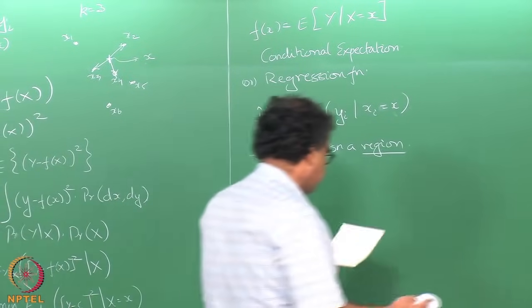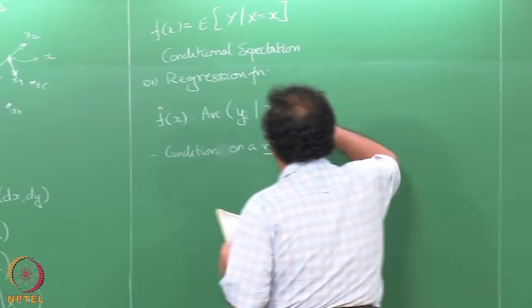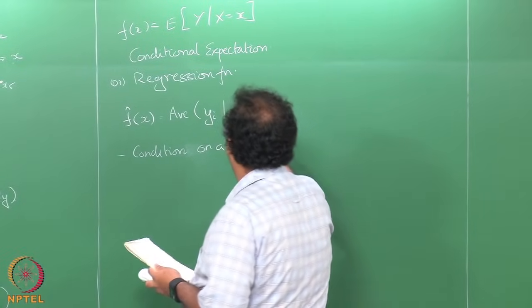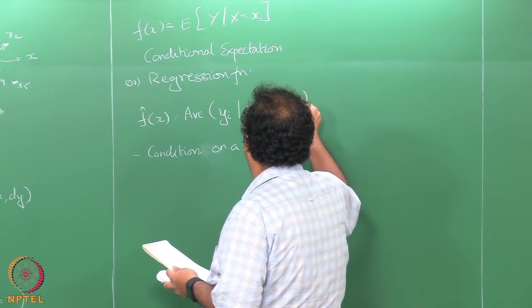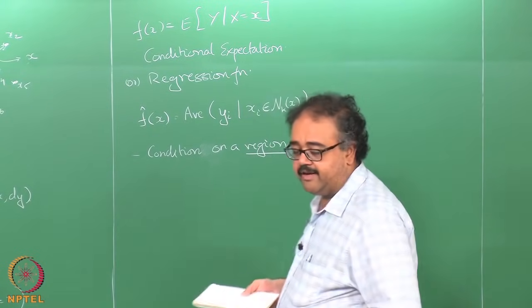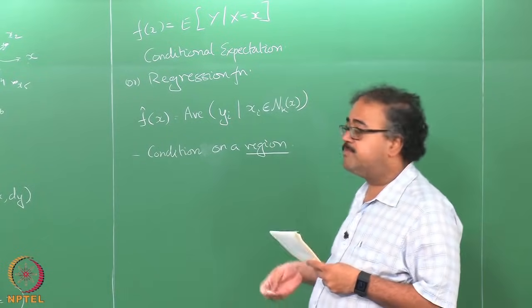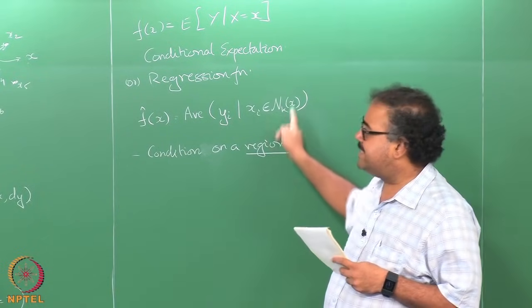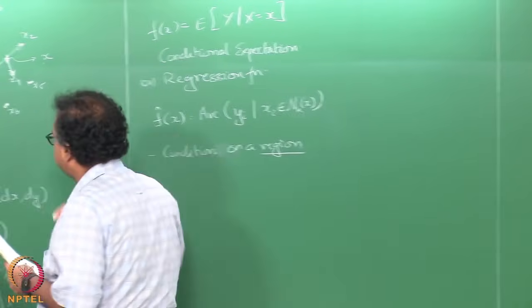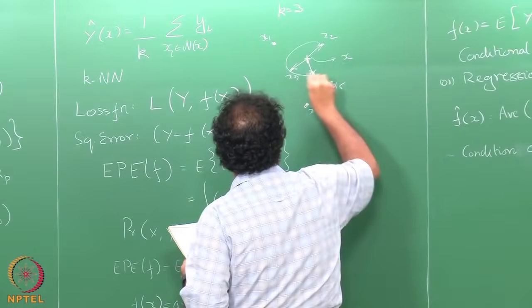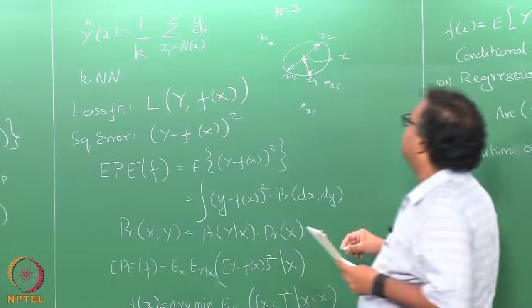So, what I am going to do is take this as the average of all the data points which belong to some region around x, which is essentially the neighborhood that we are talking about, right.